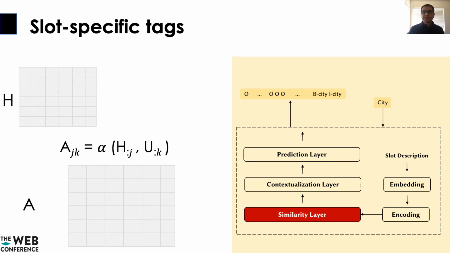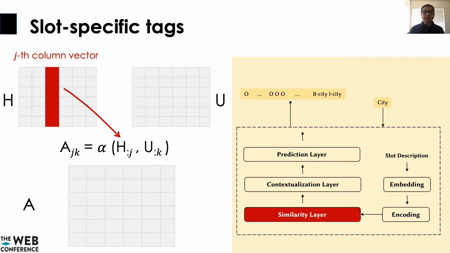H represents utterance encoding and H subscript colon J is the jth column vector of the utterance that essentially represents encoding of the jth word in the utterance. Similarly, U represents slot encoding and U subscript colon K represents the kth column vector of the slot encoding.